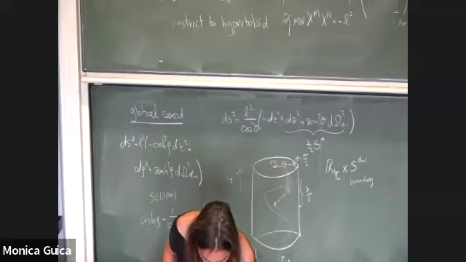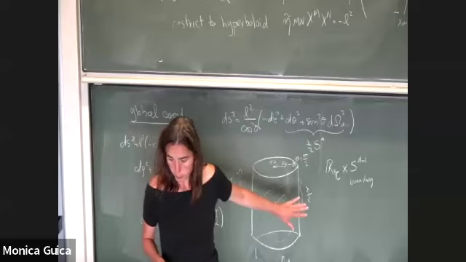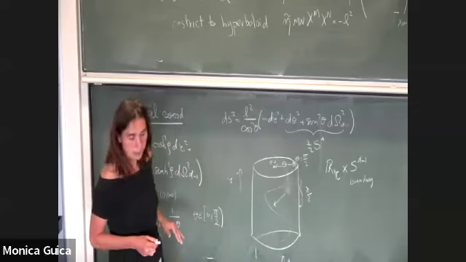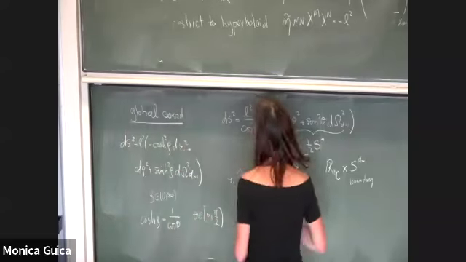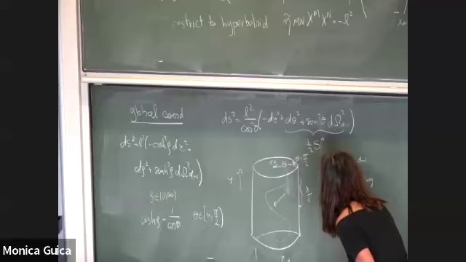The last thing I wanted to say about AdS: these are global coordinates, which cover the entire spacetime. Another set of coordinates that people like to use are the so-called Poincaré coordinates.